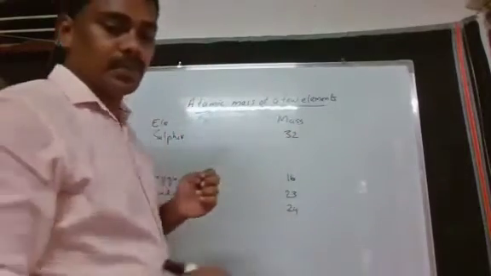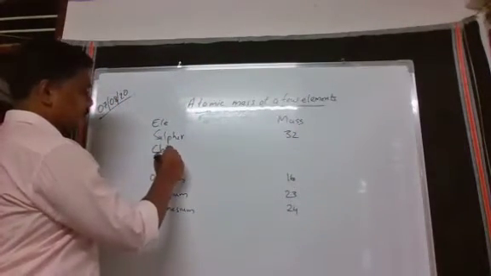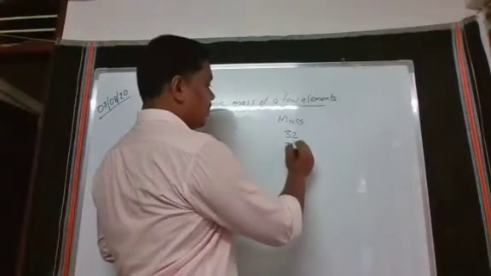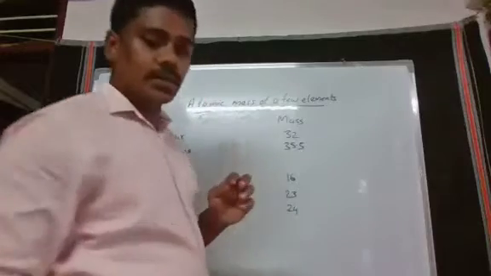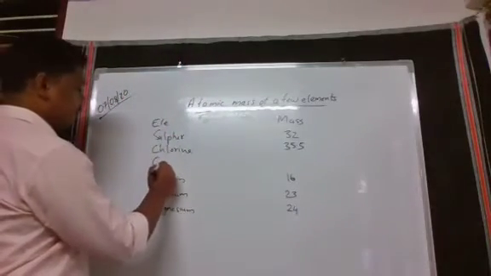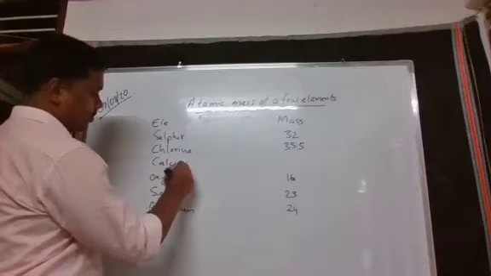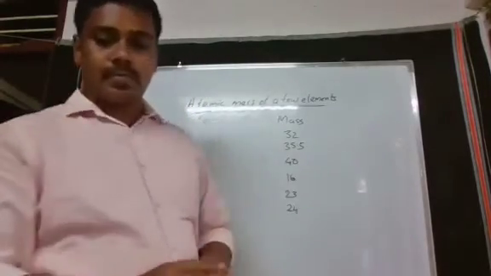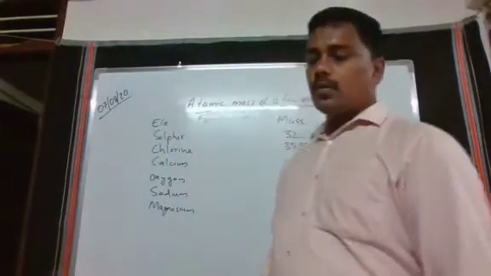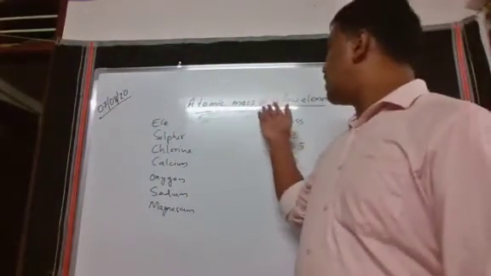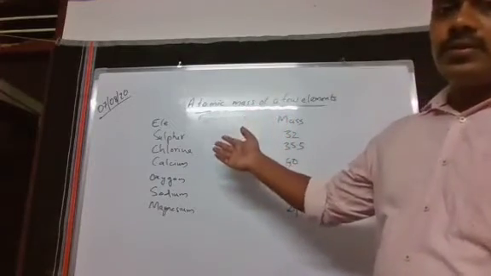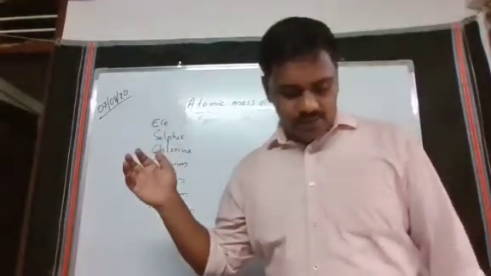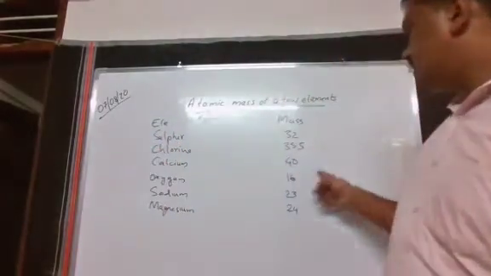Then chlorine, 35.5. Then calcium, 40. These are the atomic masses of a few elements which we see mostly in most of the chemical reactions which we study. Okay, these are the masses.